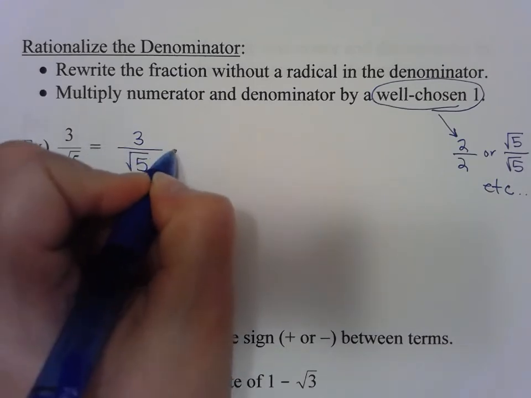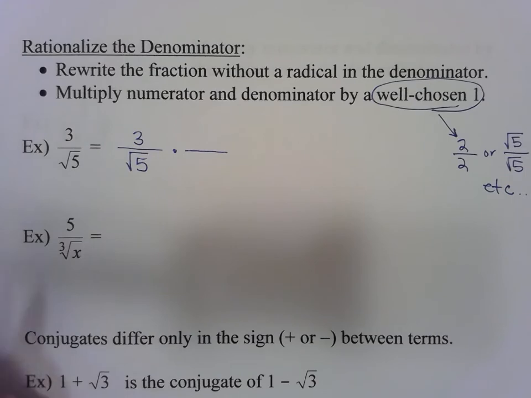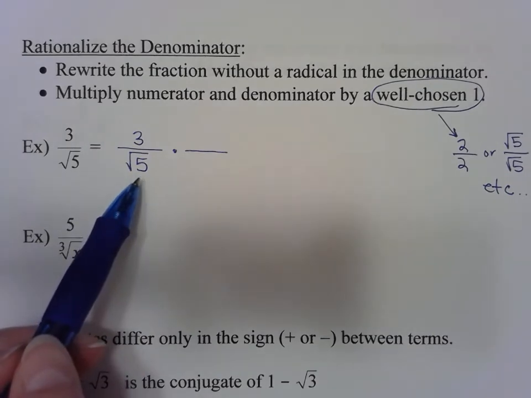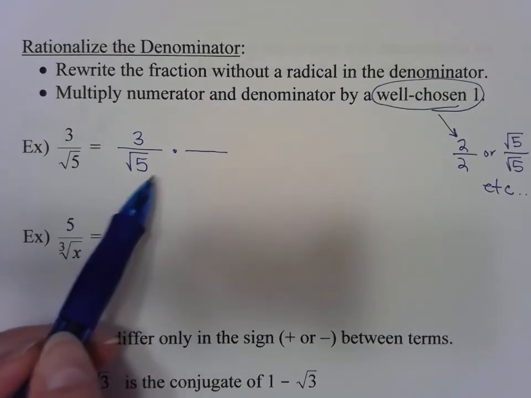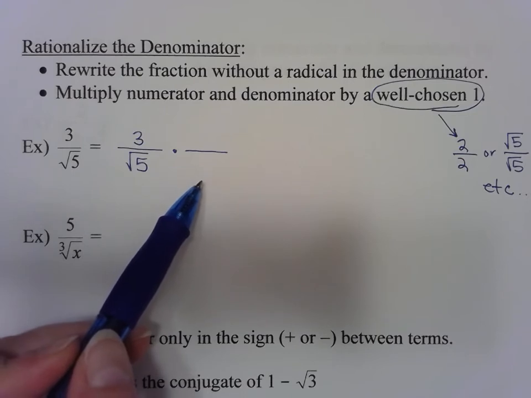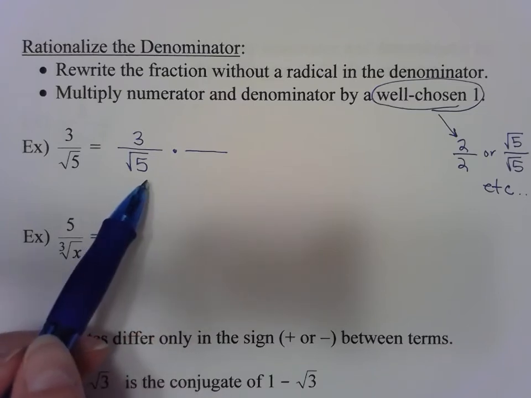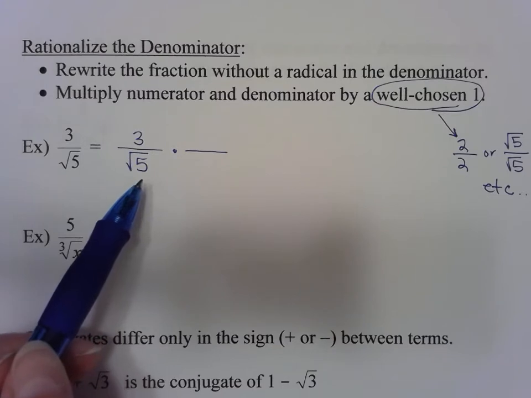If I have a square root, what I'm really trying to do is get a square root of a perfect square in the denominator so that the radical goes away and I just get a regular number. So for a square root, remember I need one of 2 equal factors.